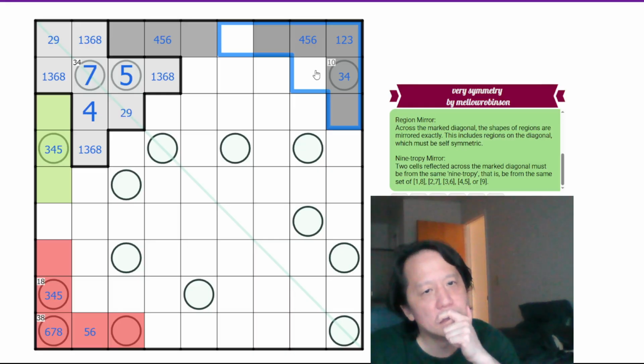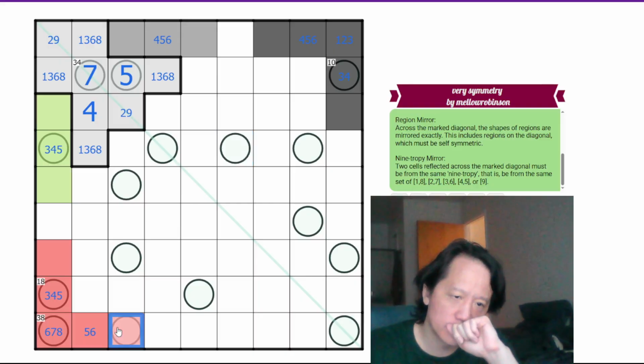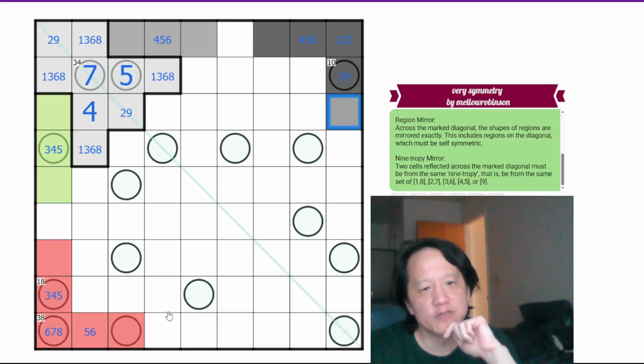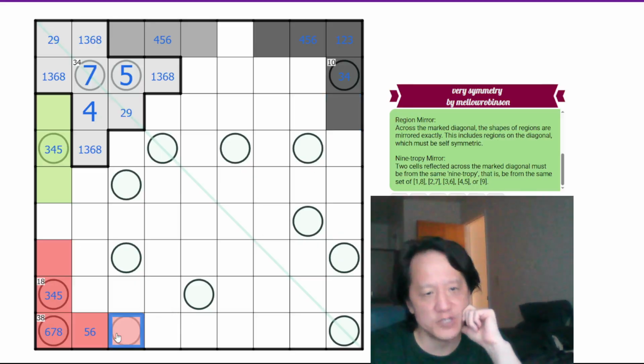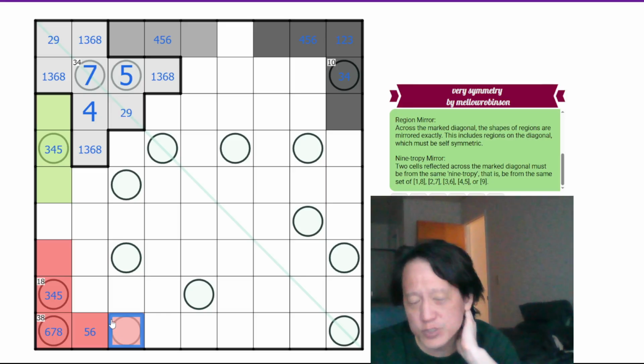Hmm. We don't know what these are. Again, these have to be the opposite digits on the pairs, but we don't know which one it is.